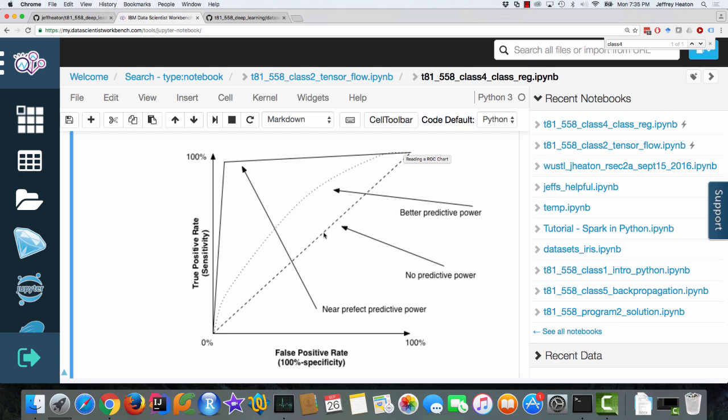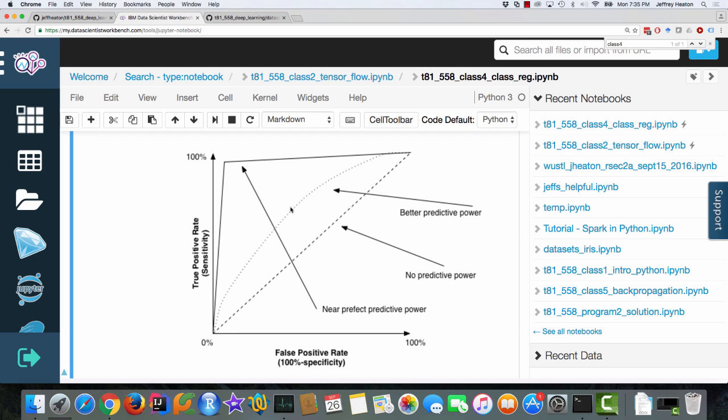If you imagine taking this line and pulling it all the way to the upper corner, that would be a perfect model. It would never have a false positive, and it would never have a false negative.